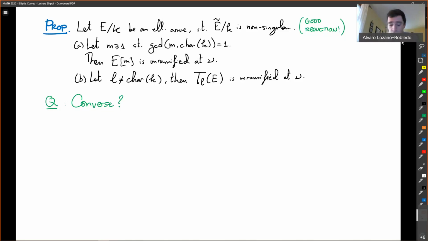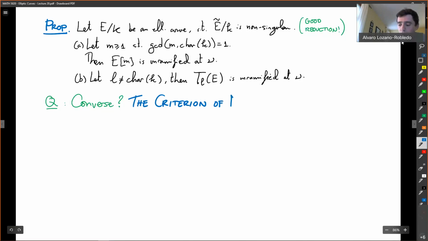This is a deep theorem that I'm not going to prove here, but it is a very important result, called the Néron-Ogg-Shafarevich criterion. And it says the following.